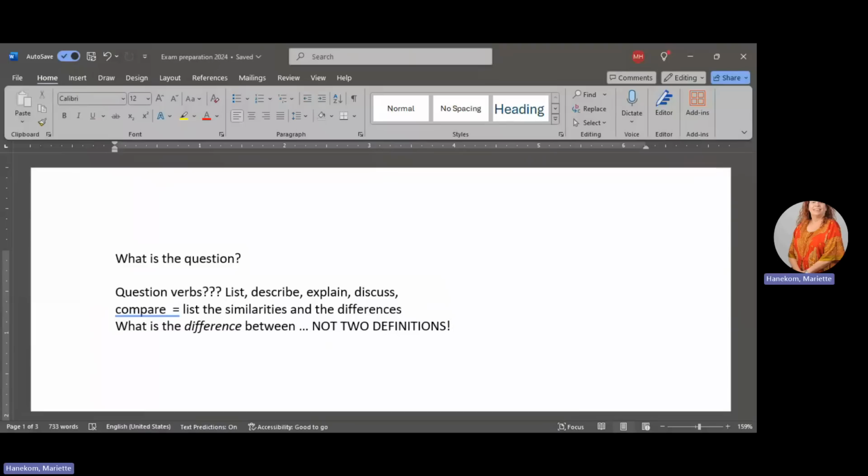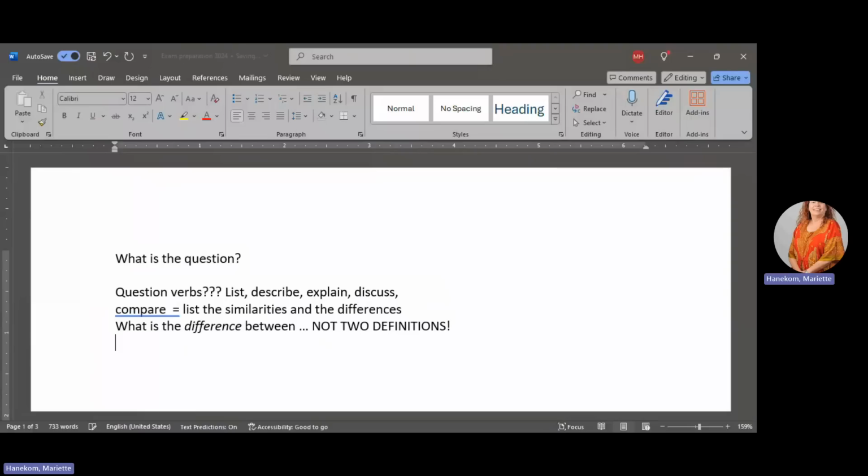Asking you what is the difference between A and B, and you give me a definition or an explanation of A and an explanation of B. That is the wrong answer. If I'm asking you what is the difference, I want you to point out the differences. You can either do this in tabular form or not.